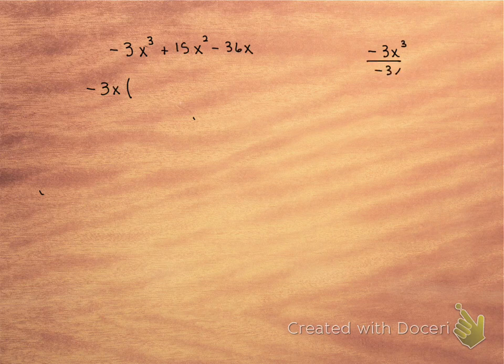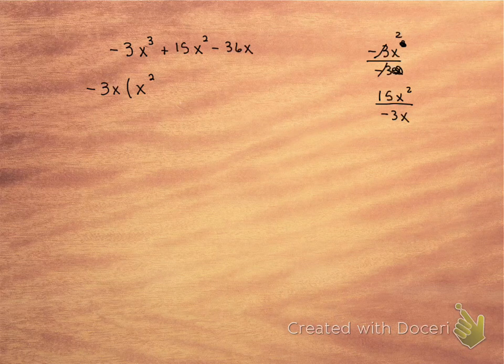Basically, factoring is a way of dividing. Okay, factoring is a way of dividing. So we're going to divide negative 3x cubed by negative 3x. Negative 3 divided by negative 3 is 1, and if we lose an x down here, we take one of those with it, leaving an x squared. Now we've got 15x squared, the next term in line, divided by the negative 3x out front. 15 positive divided by negative 3 is a negative 5.